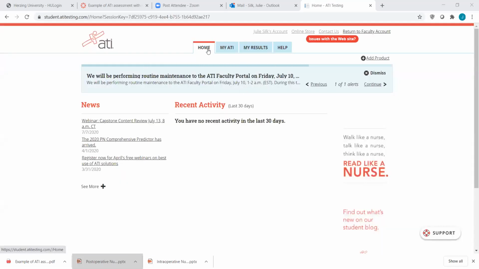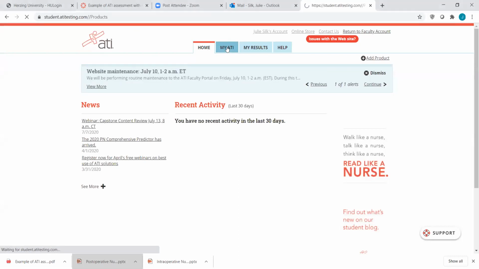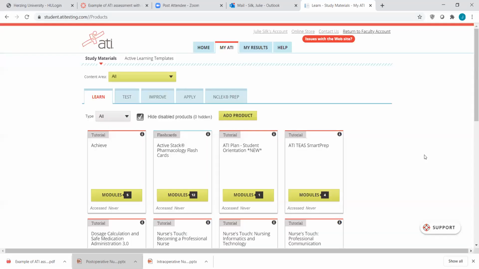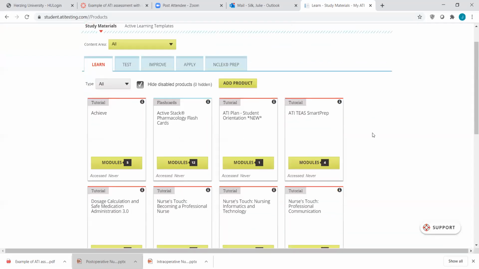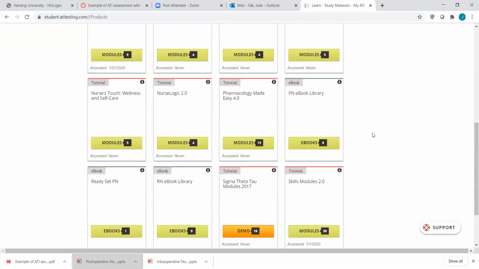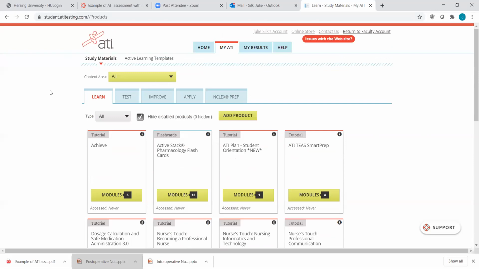Okay, so you would go to My ATI. All right, and then you would look down through here, or actually maybe it's under test. Let's look under test. See how you have learn, test, improve. It might be under test.